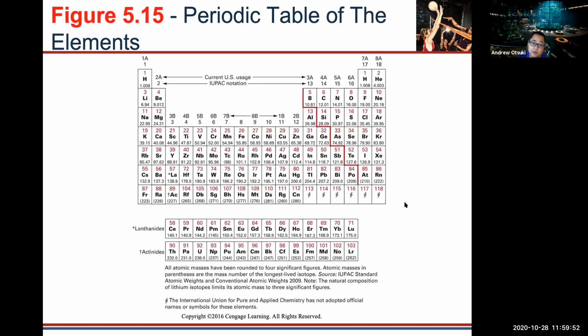You'll notice that there are some numbers above the boxes, like 1A, 2A. In the US, we refer to the groups in a different numbering scheme than the IUPAC, or what is internationally accepted. And how I've learned chemistry is based on that system too. I do not say column 1 versus column 18.